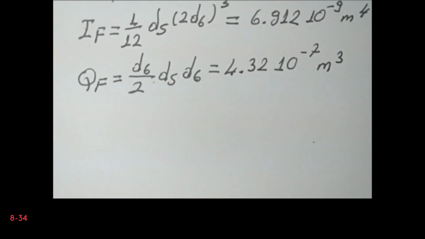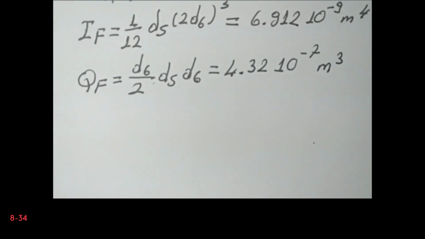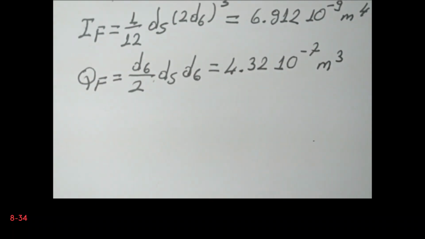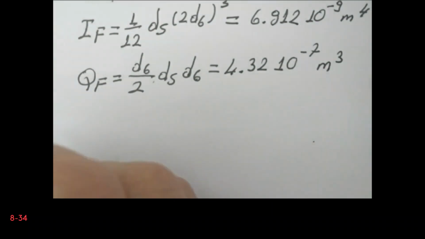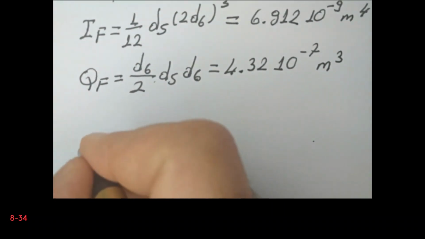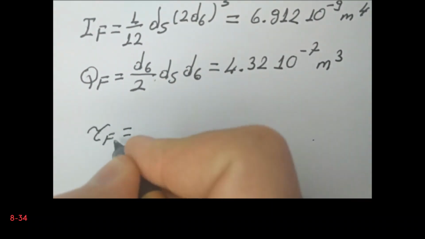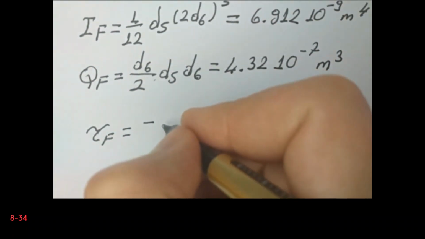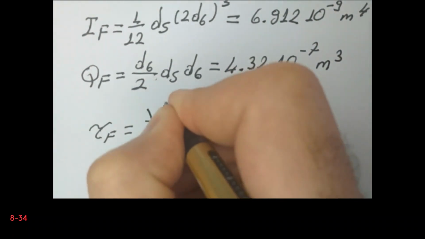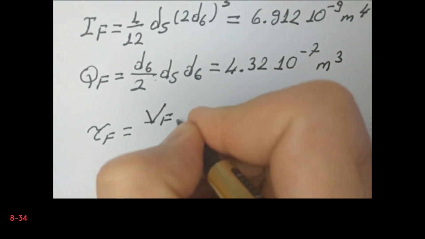Now we know the first moment of the area, bending moment of inertia, and shear stress. So certainly we can calculate the shear stress at point F. For point F, it is minus VF multiplied by the QF divided by bending moment of inertia at this cross section multiplied by the thickness, and the thickness is d5.